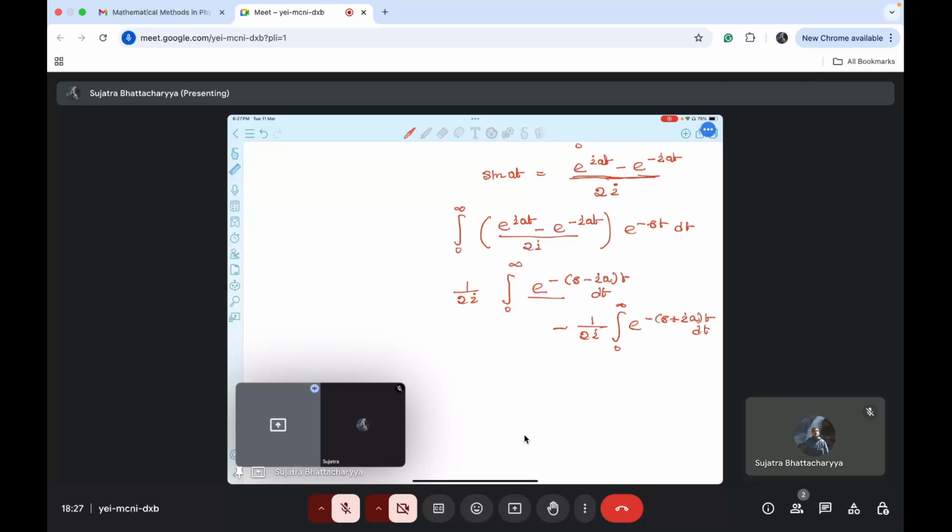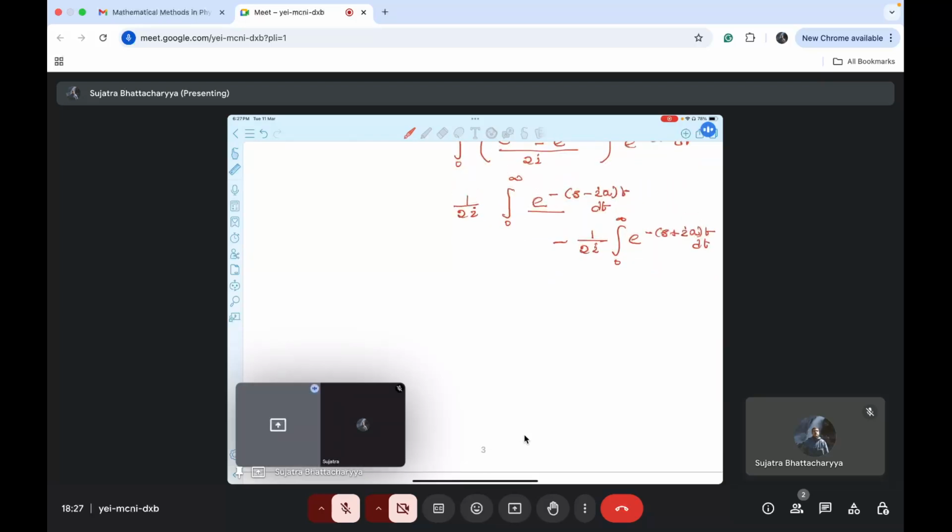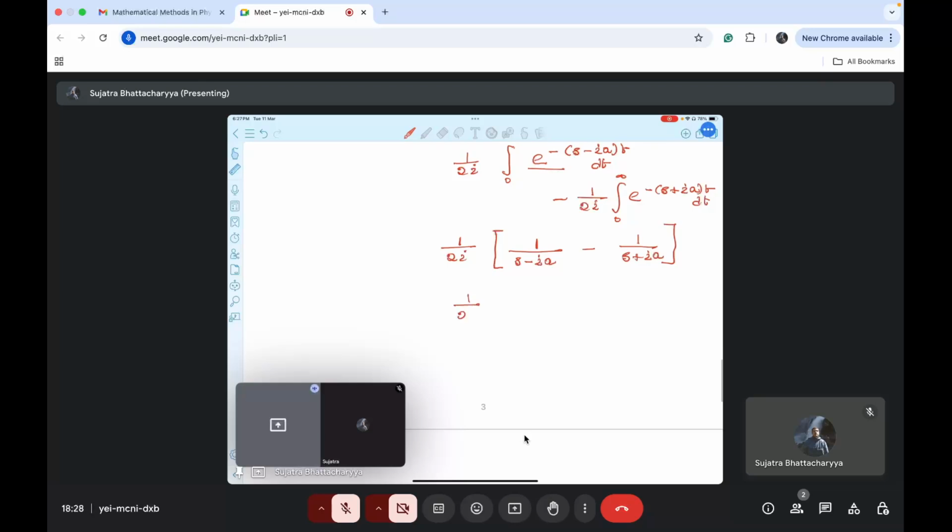So now we'll solve this integral, and we know the result of these integrals, we are doing them for the couple of times now. So when you put the integration limit, it comes out to be 1 upon s minus iota a minus 1 upon s plus iota a. So finally, take the LCM of both, which will be the multiplication of s minus iota a and s plus iota a.